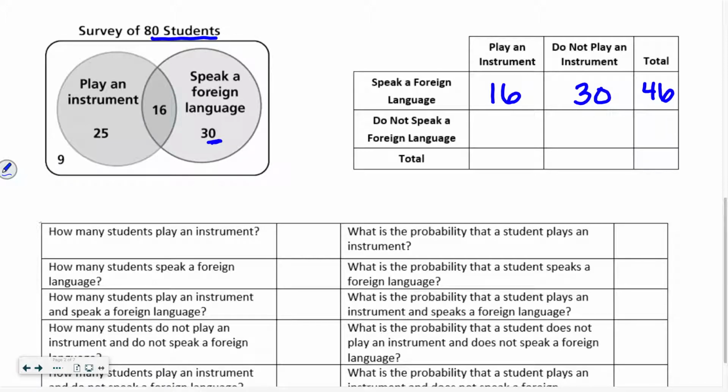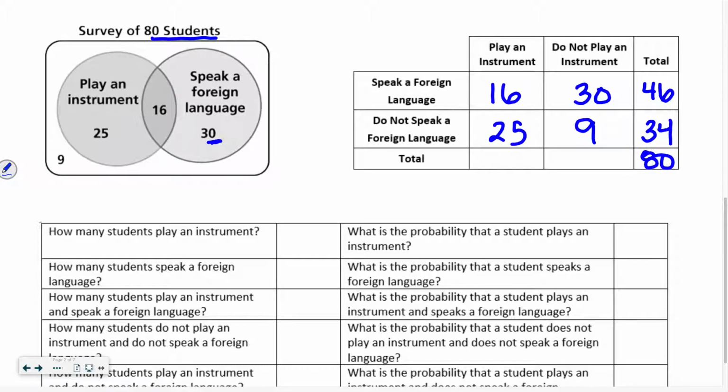All right, how many people play an instrument but don't speak the foreign language? That's the 25 in the other circle. And how many people don't play the instrument and don't speak the language? 9. So that would give me a total of 34. Now notice, if I add this last column down for the totals, 46 plus 34 is 80, which is the total number of students in this rectangle.